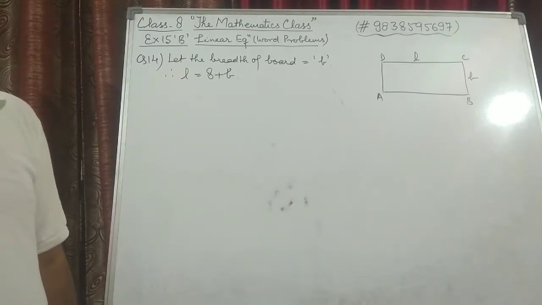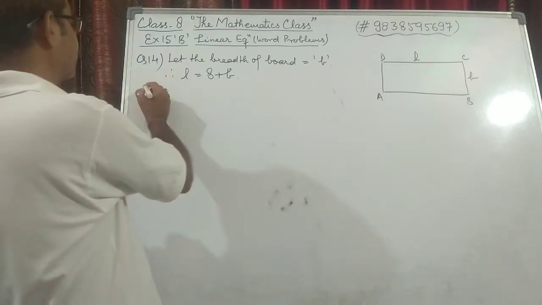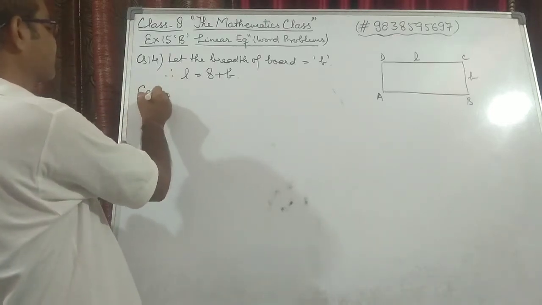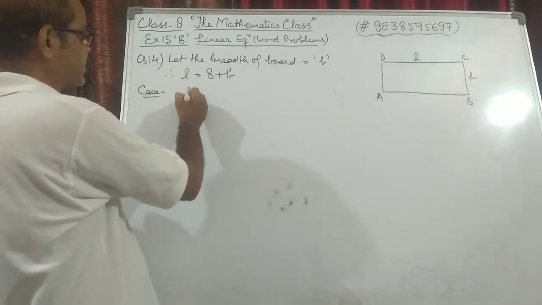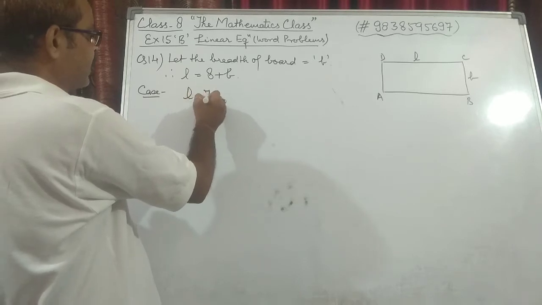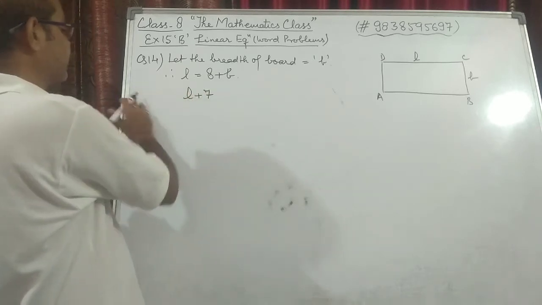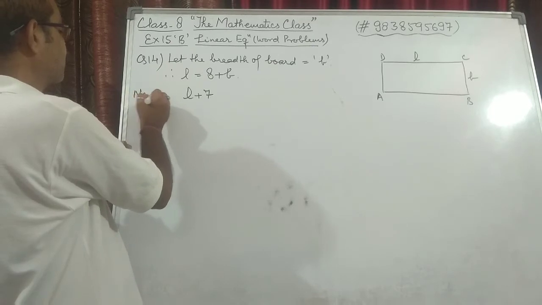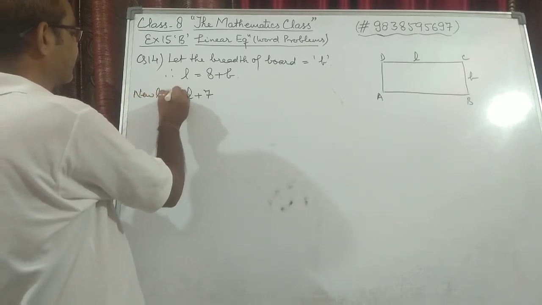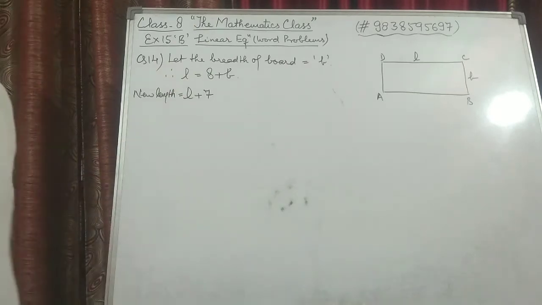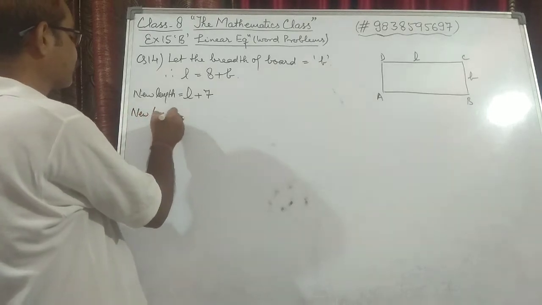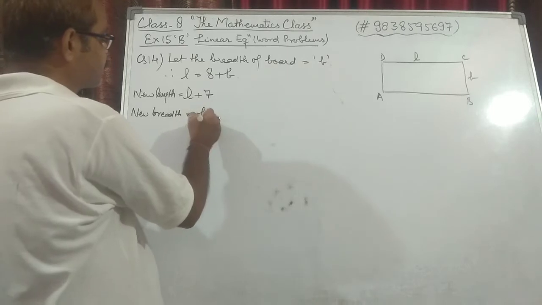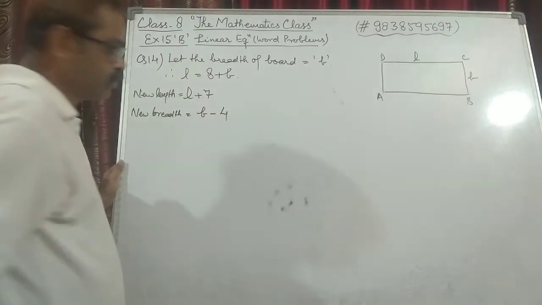Now, in the next case, they say if the length is increased by 7, the new length becomes L plus 7. If the length is increased by 7 and the breadth is decreased by 4, the new breadth is B minus 4.